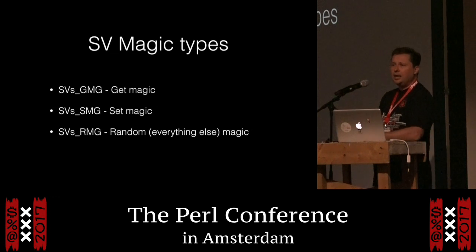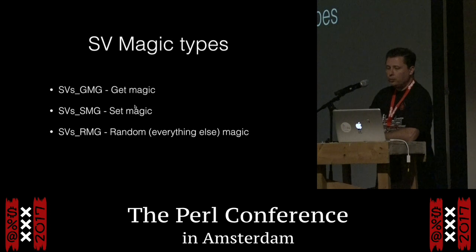The problem is every time I operate on an SV, if it's got magic, I would have to go out, peek at the magic, walk the linked list, and figure out if any of the magic that's there is relevant to the operation I'm doing, whether it's a get or so on.